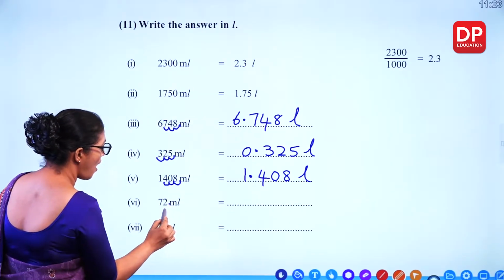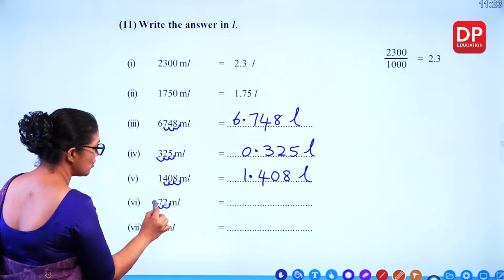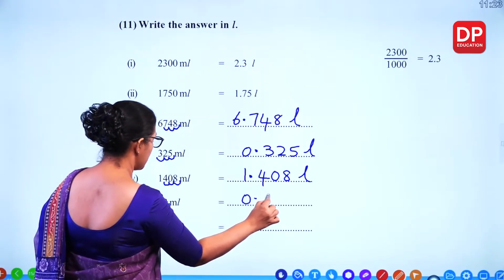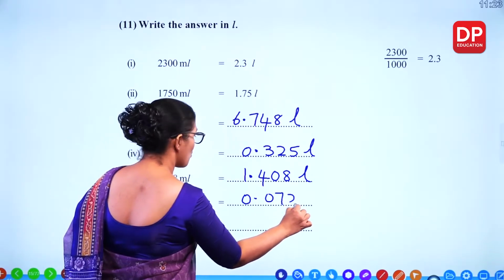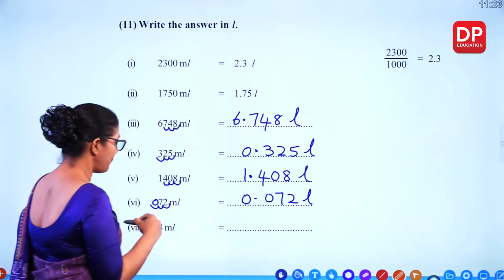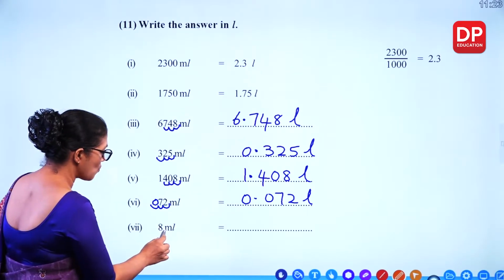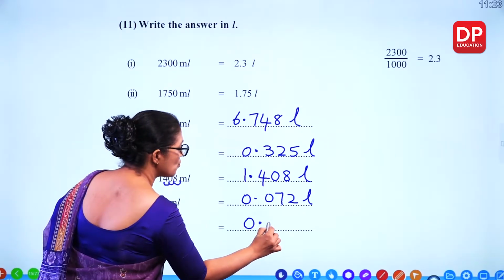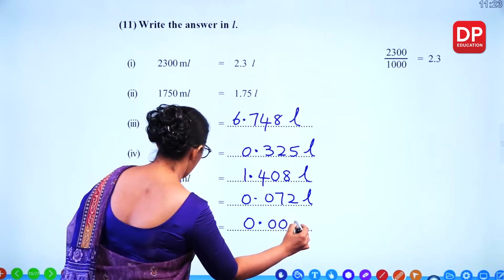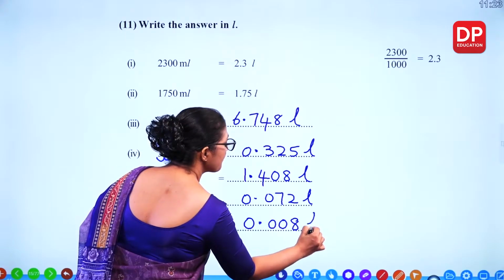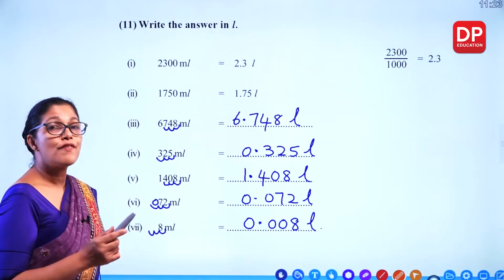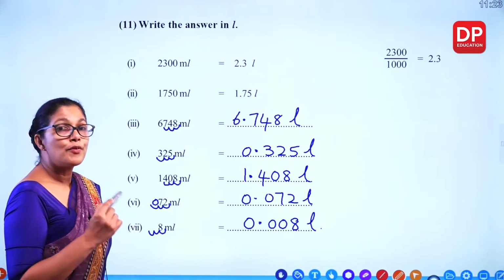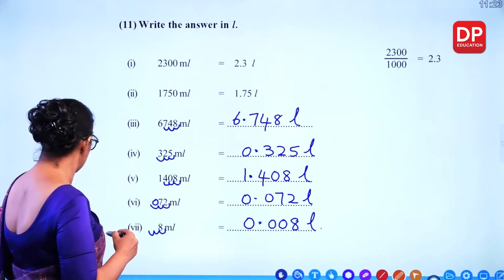Here, 1, 2, and here you need to keep a 0, 3. 0.072 liters. 8 milliliters. 1, 2, 3. That means you have to put 2 zeros and then 8. So when you divide by 1000, the decimal point moves 3 places to the left.